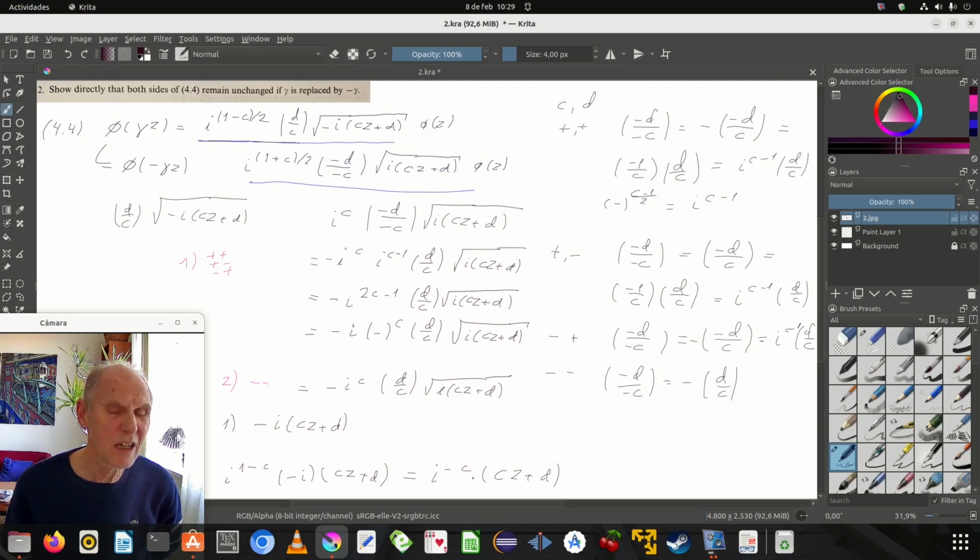That's not particularly the same, because c can be any odd number. Oh, no. So it's minus i to c. So I've got something wrong, but that was the first try.